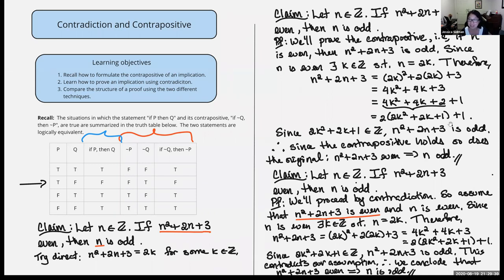We conclude that n squared plus 2n plus 3 is odd, but we've assumed it's even, and so that's a contradiction. So what happened there?